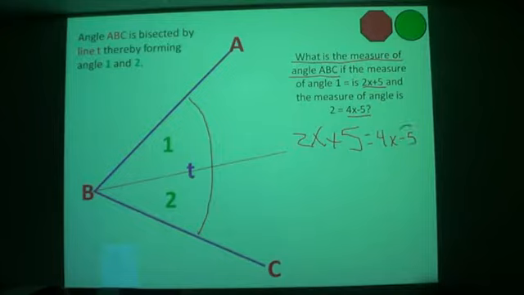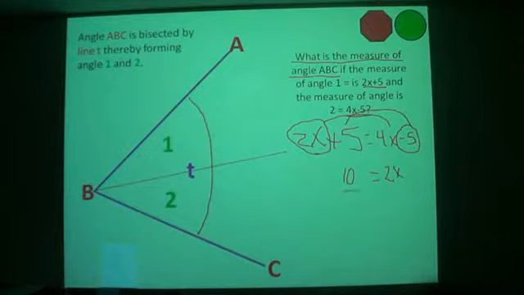I know that if I move this 5 to the other side of the equal sign, it becomes a positive. That means I now have 10 here. And if I take this 2x and I move it to the other side, it becomes a negative 2x. And so that means I have 4x minus 2x, which leaves me with 2x.